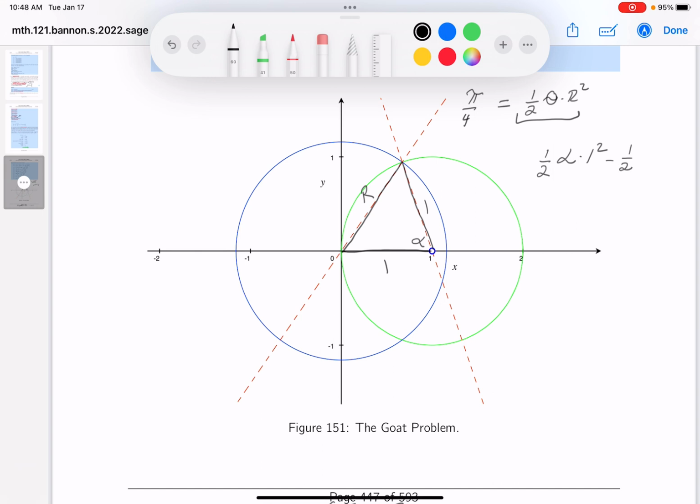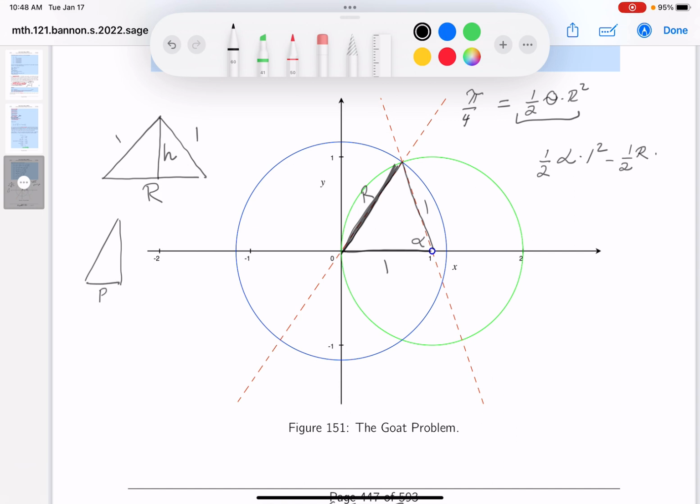Well, I'm going to take the R to be the base of it. And now I get the height of it. All right, so I'm going to kind of move this thing around here. This is R. That's 1. That's 1. And the height of it is this over here. All right, I got to figure that out. So I'm going to do it in little tiny pieces, by the way.